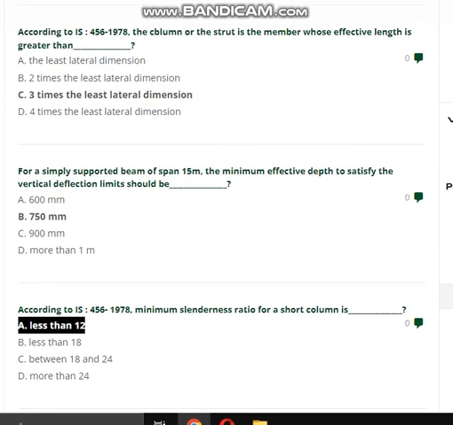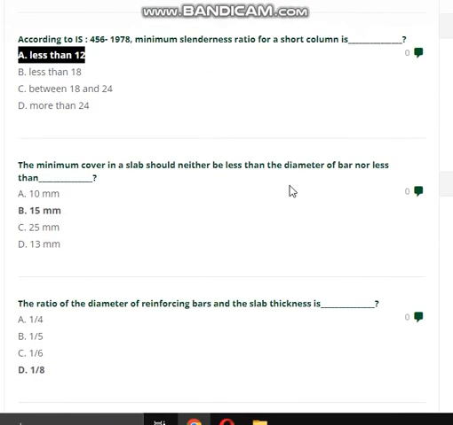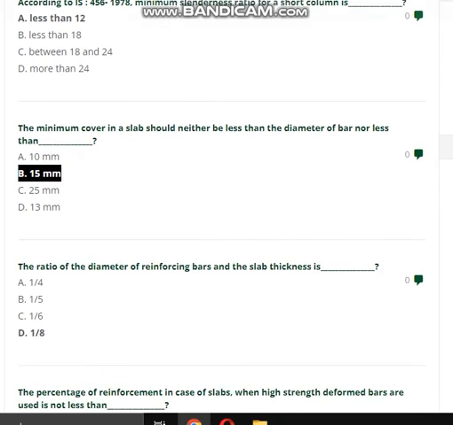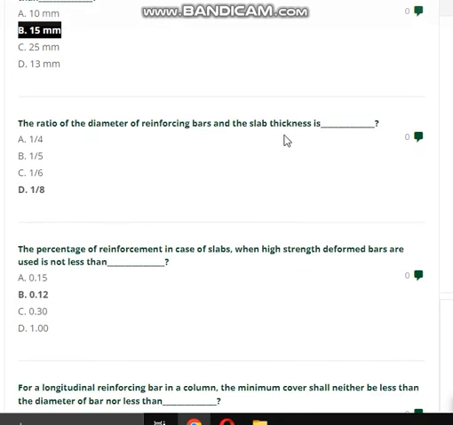This is an important MCQ. The minimum cover in slab should neither be less than the diameter of bar nor less than 15 mm. The ratio of diameter of reinforcement bar and slab thickness is 1/8.